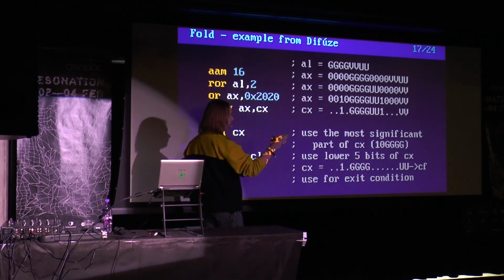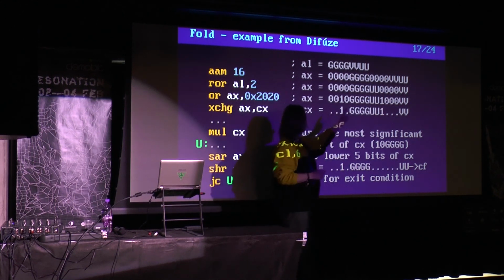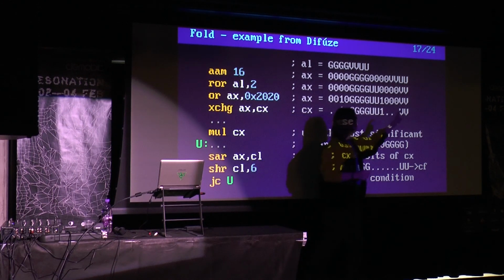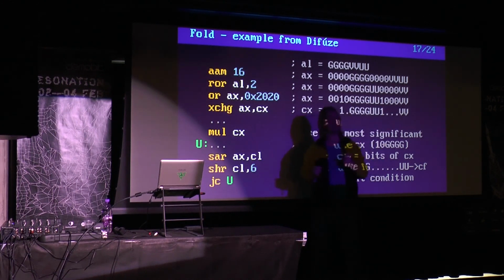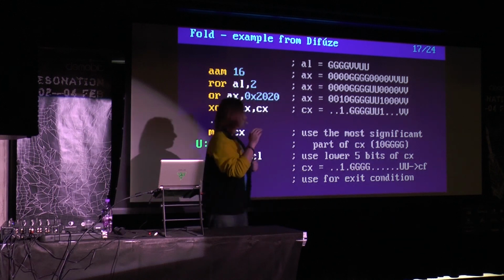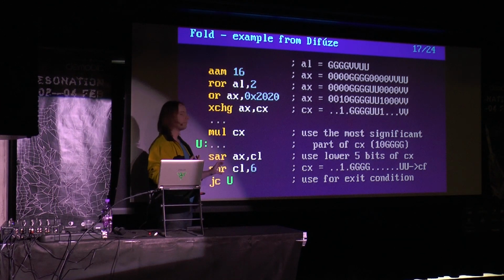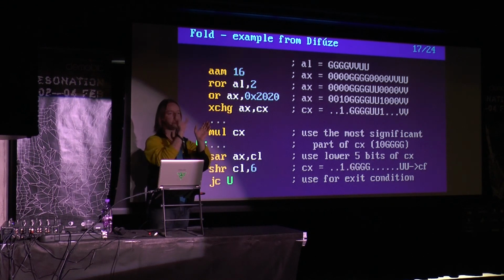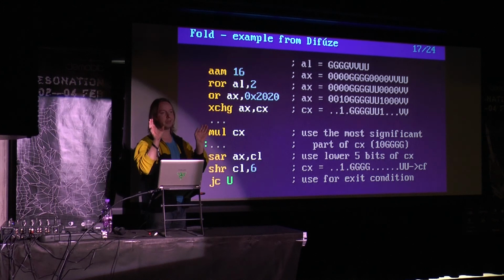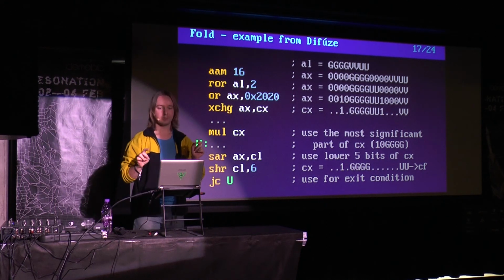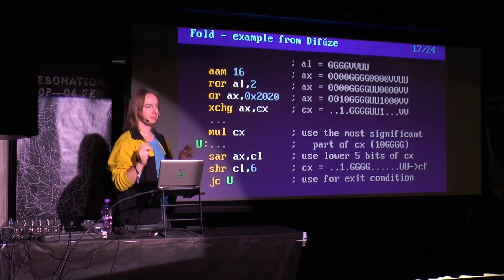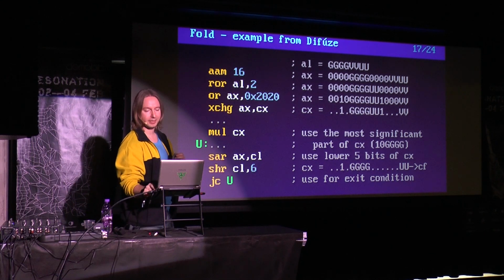And then I shift right, and these 1 bits are used to jump back. They are shifted into the carry flag, and then I test the carry flag. If it's 1, I do the loop again. So after 2 shifts, all the bits are gone, and I can stop. So this is how to pack 3 or something like 4 constants into 1 byte.